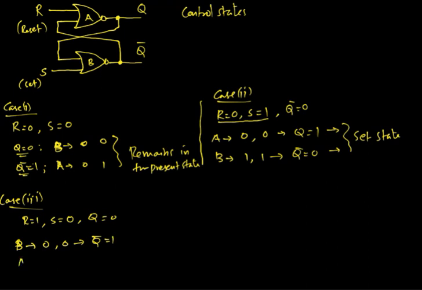For NOR gate A, whose inputs are R and Q bar, R is equal to 1 and Q bar is equal to 1, which changes Q to 0. So here Q is 0 and Q bar is 1, which is called a reset state. So the combination of R equal to 1 and S equal to 0 resets the flip-flop.